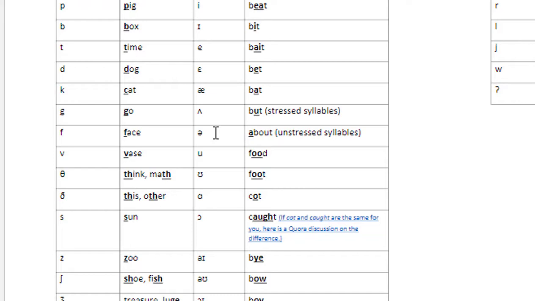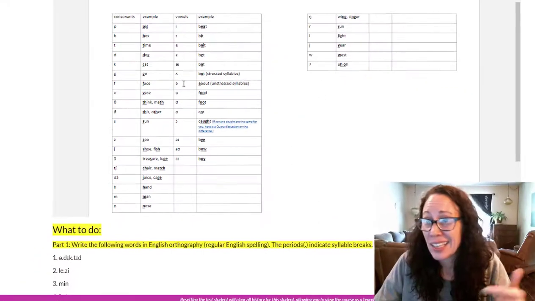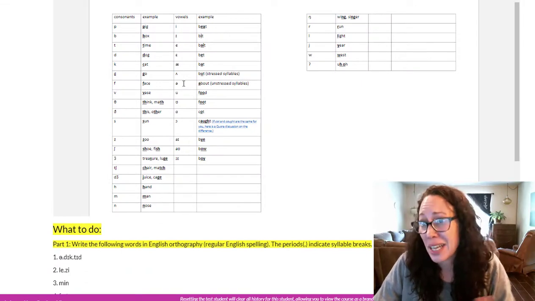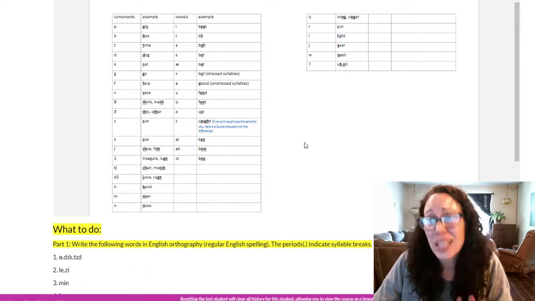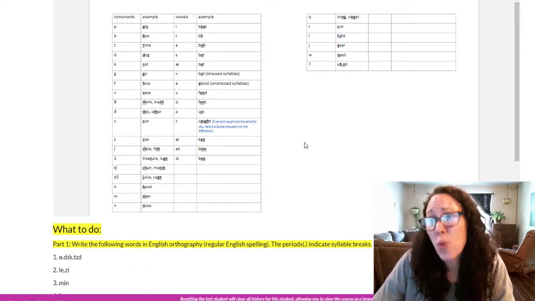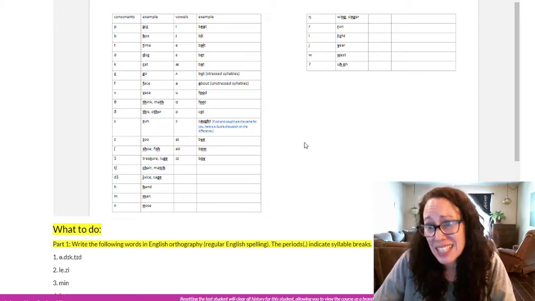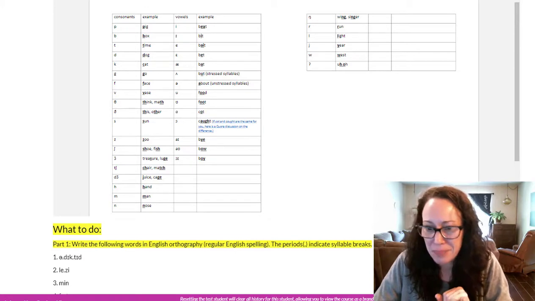Remember, in English, we really only have 5 vowel letters, but the actual number of vowels that we use in our speech is more like 13, 14, 15, depending on your dialect. So it is a problem, and that's one of the reasons why transcription of English can be a little bit tricky. So just keep that in mind.